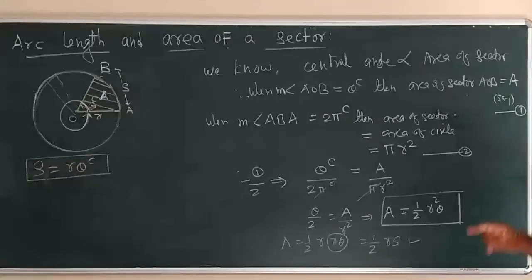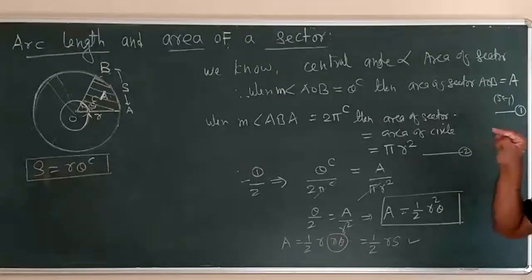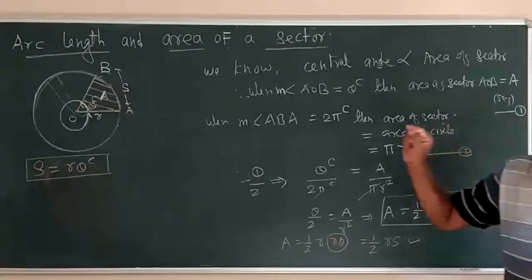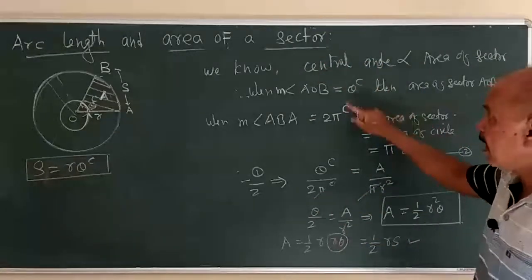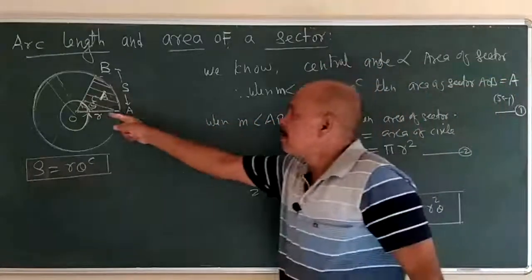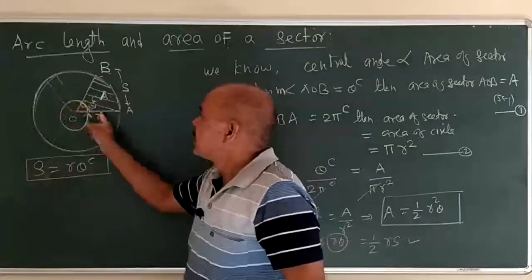You know both the formulae, but if they are given in degree measure, we convert them into radian measure. Again, we know that as the central angle increases, the area also increases.